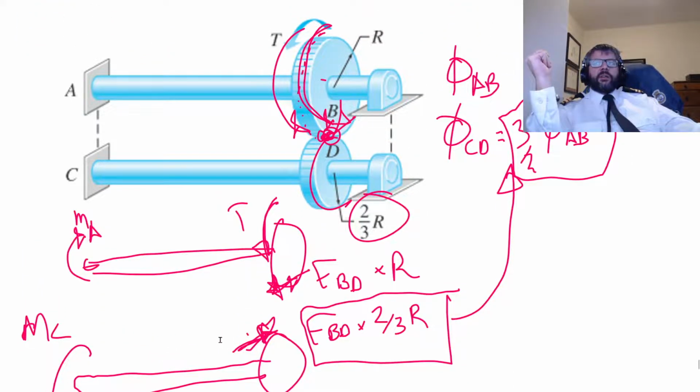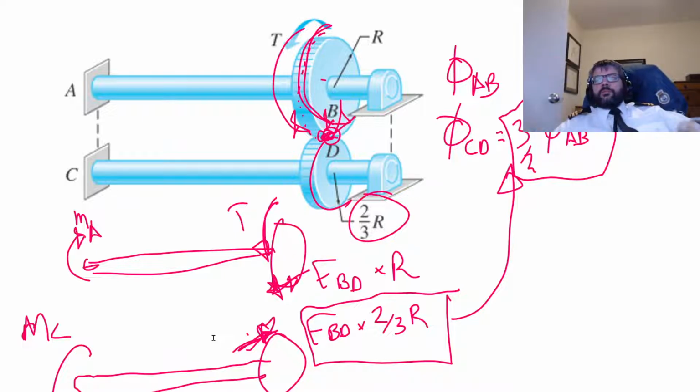So we'll have two unknowns here. We can relate what MA and MC are in relation to the torque applied as a function of FBD.